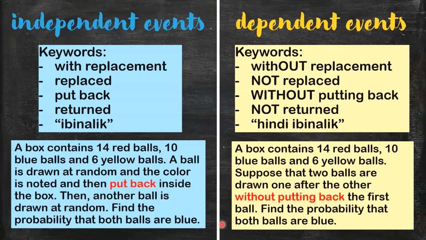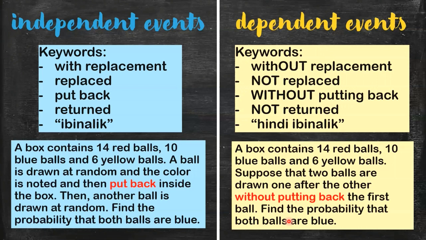Then another ball is drawn at random. Pero dito sa second problem natin, suppose that two balls are drawn one after the other. Magkasunod binunot, magkasunod kinuha, without putting back the first ball. And then we were asked to find the probability that both balls are blue.